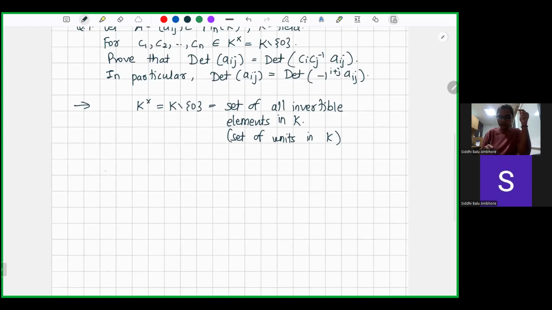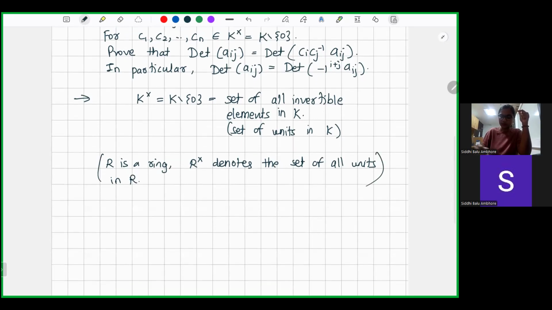But in general, if R is a ring, then R star denotes the set of all units in R. That's just notation which I wanted to point out.